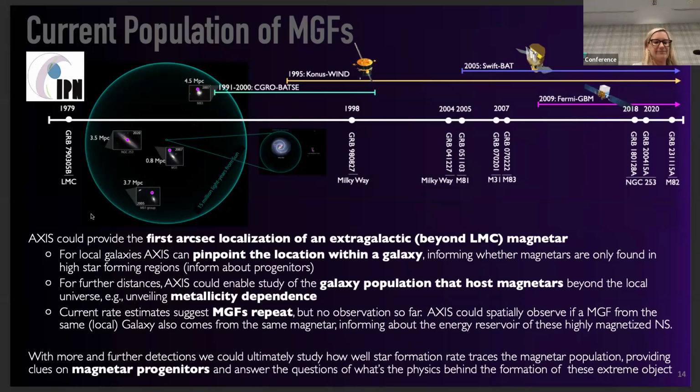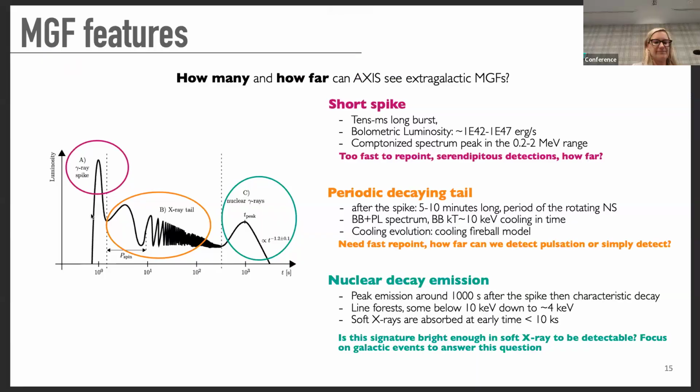So with more and further detection, we could study how well star formation rate traces the magnetar population, because this is the assumption right now. But this can provide information on the progenitors and answers the question, what's the physics behind the formation of these extreme objects?